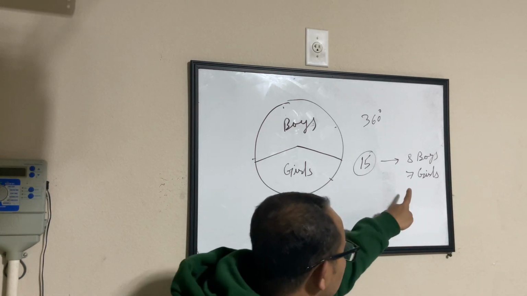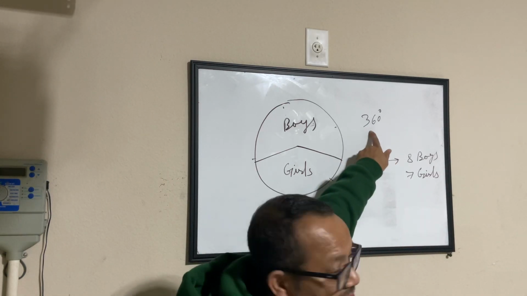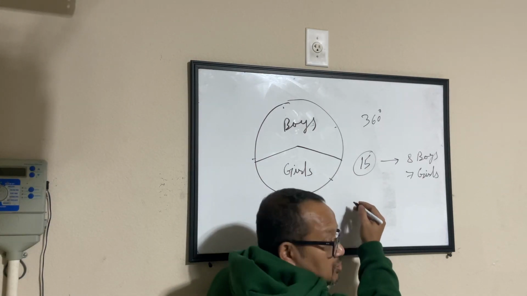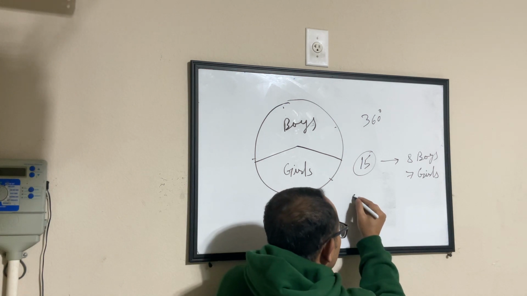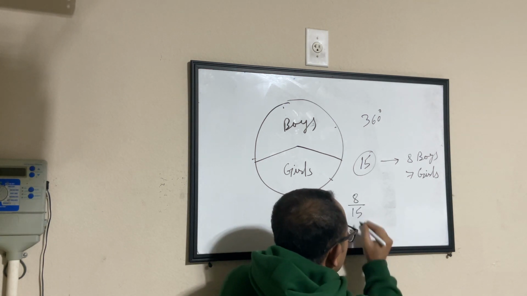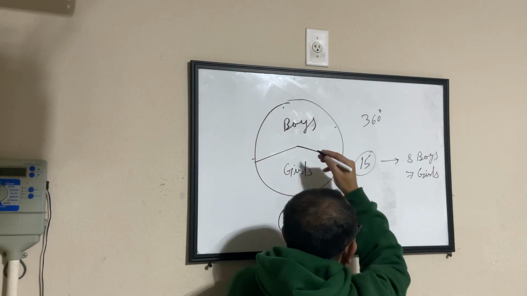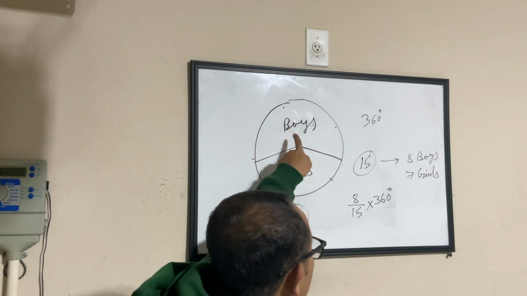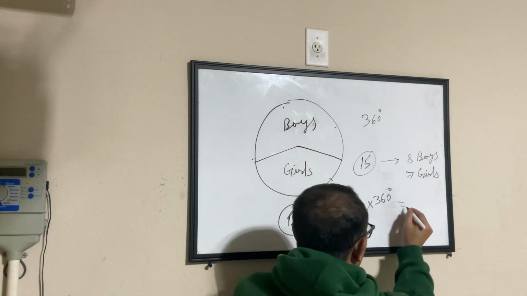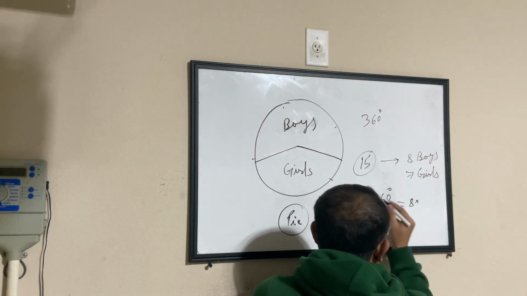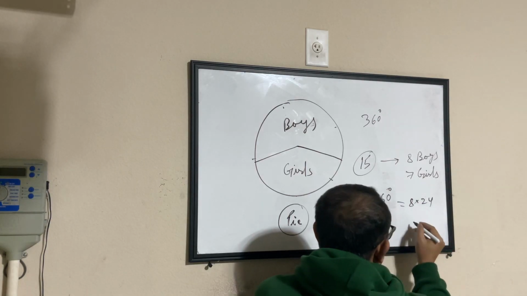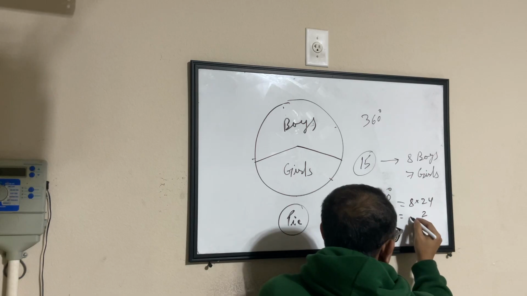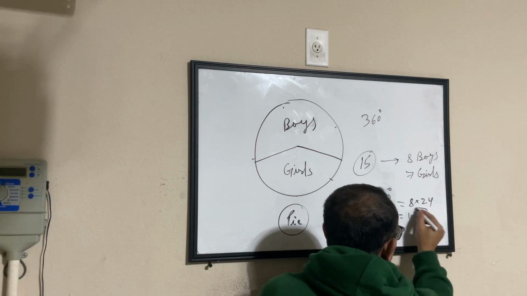So you know that this 15 is to be distributed among 360 degrees. What is the boys to total kids ratio? 8 out of 15. How many degrees of this pie will it take? Once you calculate this, 8 times 360 divided by 15 gives 192 degrees.